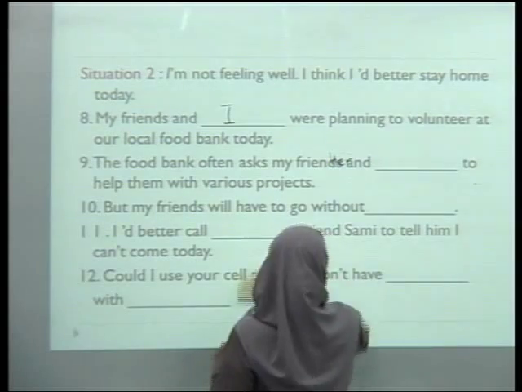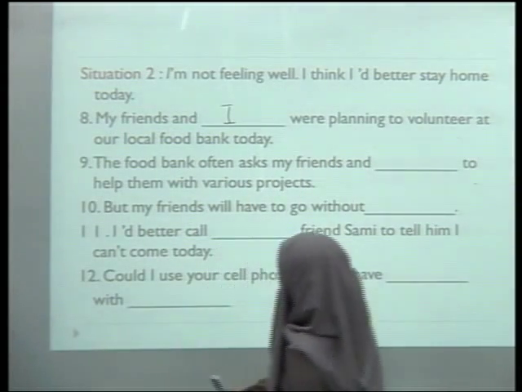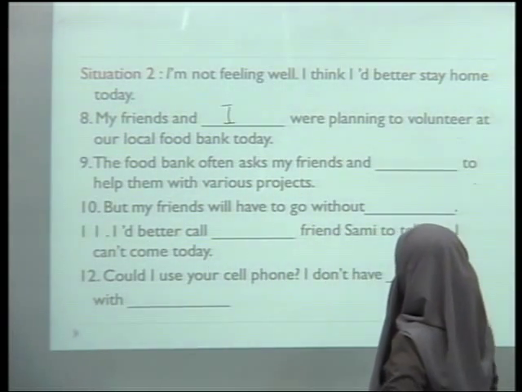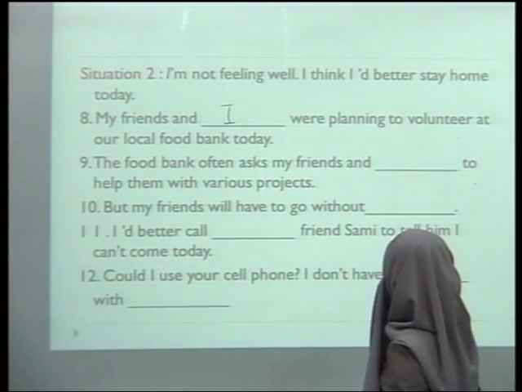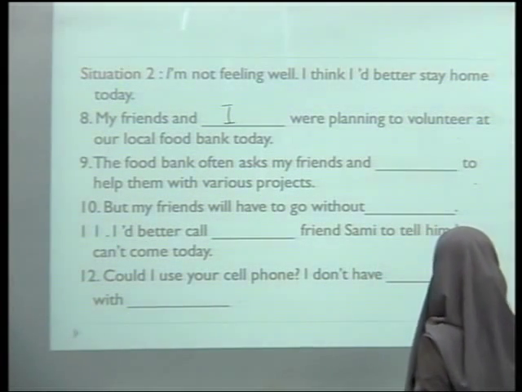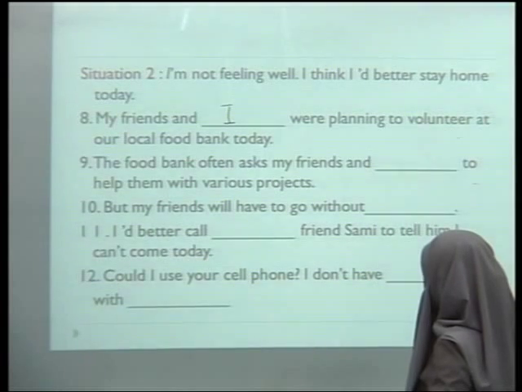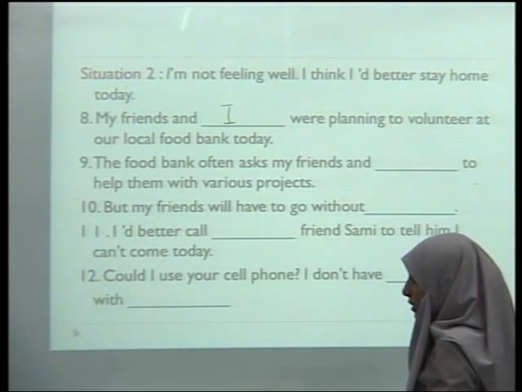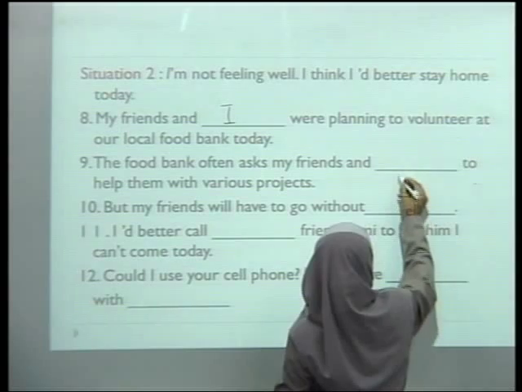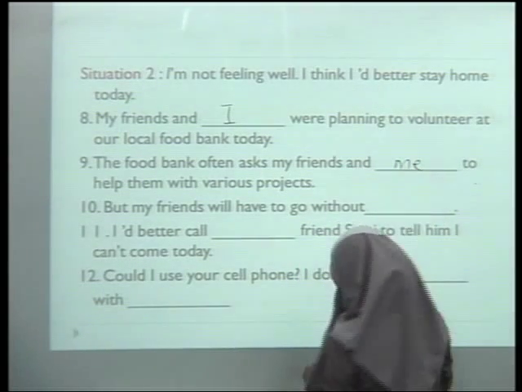Okay, can you do the other one, number 9? Read it and do it. Try number 9. The football coach often asks my friends and me to help them with various projects. Okay, thank you. Good. Number 10.